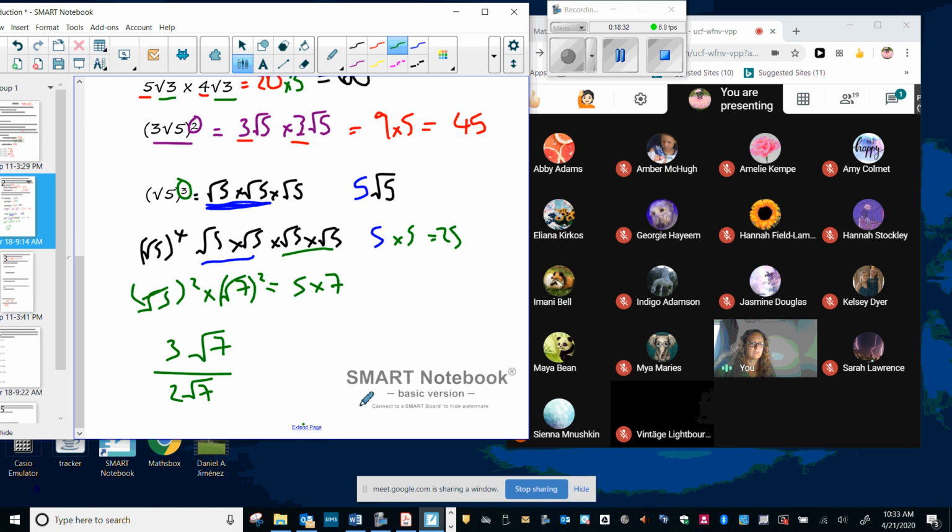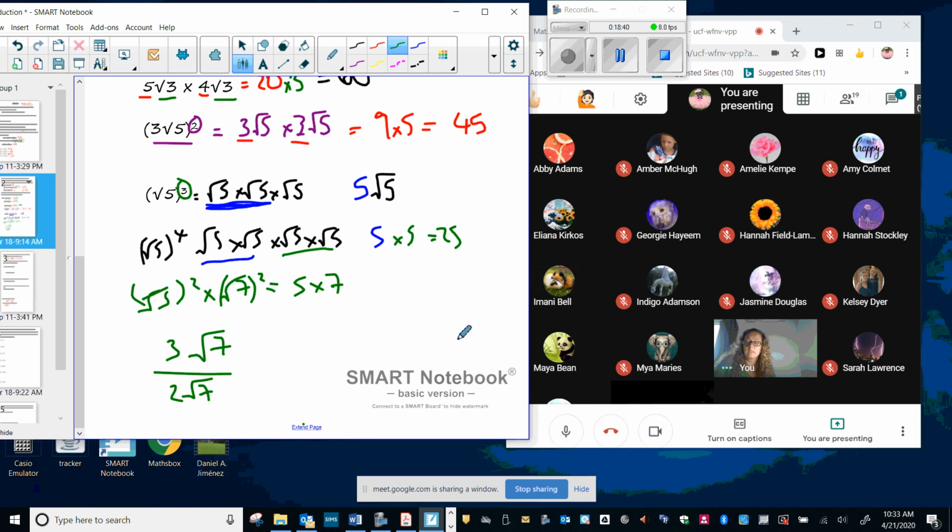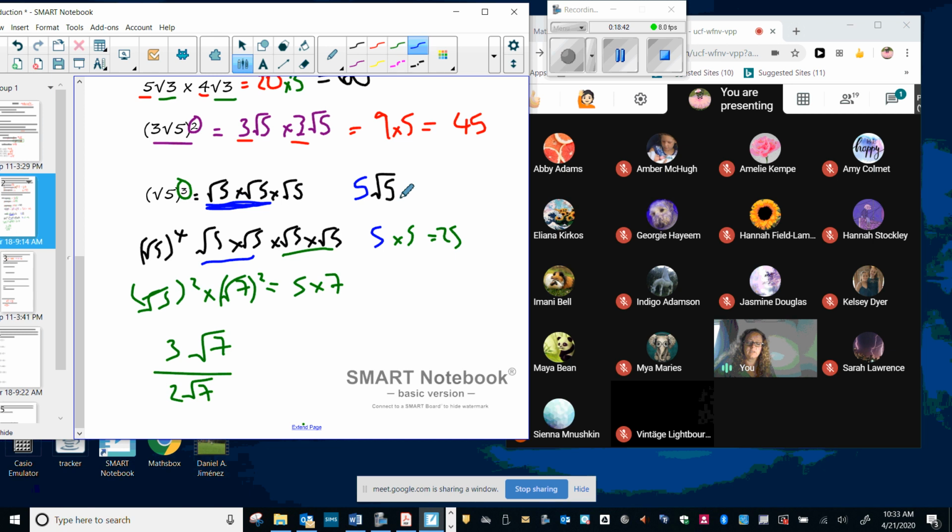Is there anyone that thinks they could take a stab at what would happen? What's the normal rule when we have the same thing happen? Pardon, Amani? Would they cancel out? Yeah, what would cancel out? The root 7s, yeah. Because they're the same thing. And the rule is, if you have the same thing on the top and the bottom of a fraction, it means you can cross it out. Okay? So my answer here would just be 3 over 2.